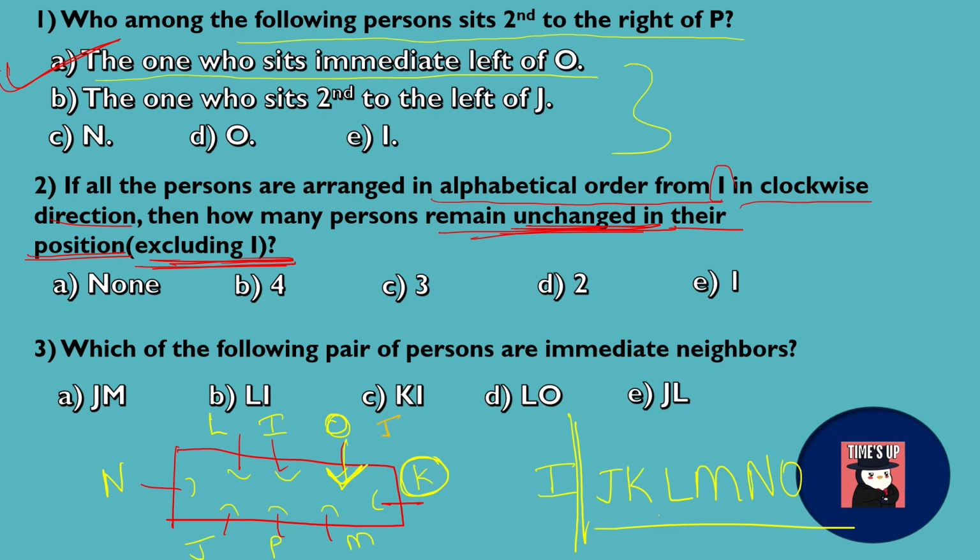J will come here, K will come here, L will come here, M will come here, N will come here, and O will come here after we arrange them in alphabetical order.